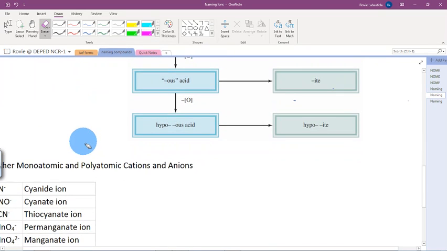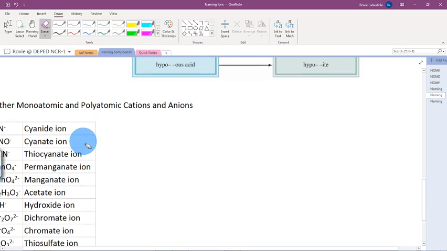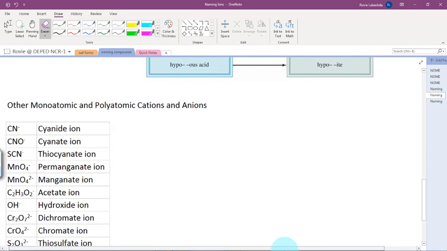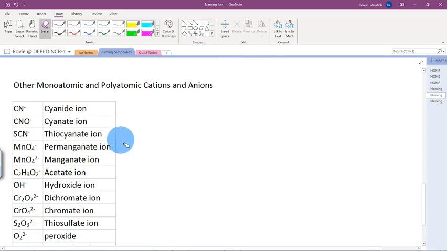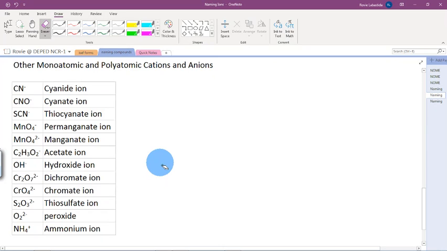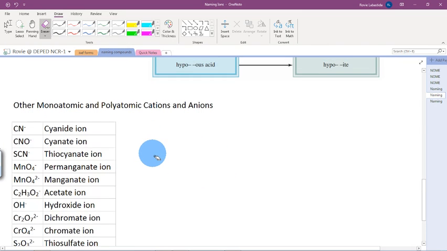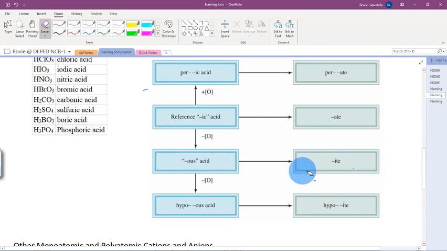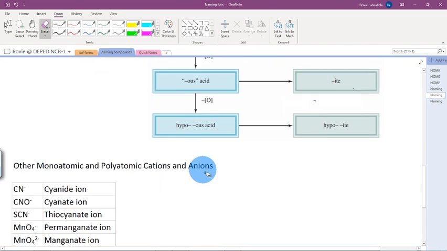Now let's proceed with other monoatomic and polyatomic cations and anions. For this list, I'm giving you this because they do not actually follow the rules in the diagram.